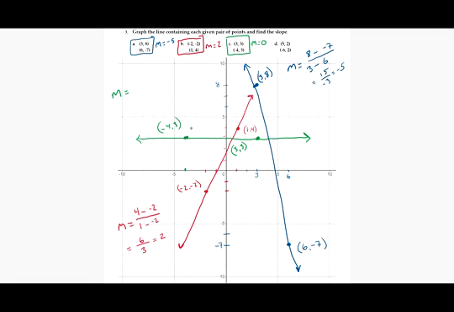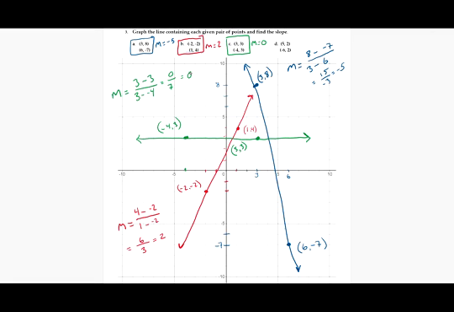So 3 minus 3 will give you 0 on top. And on the bottom, it doesn't really matter, but we have a 3 over here. We have a minus 4, so minus a minus 4. Which gives us 0 over 7, and 0 divided by anything is equal to 0. So that's our slope of 0.